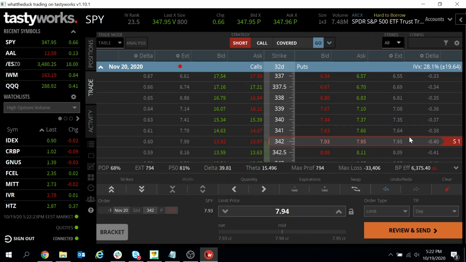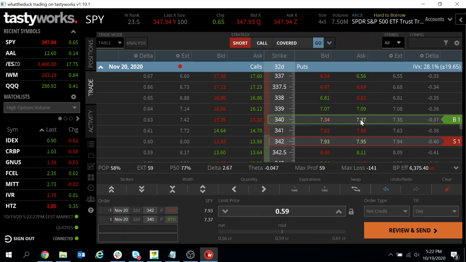This is the column where you can see the delta. We'll just go with this example right here. We'll sell the 342 and buy the 340, and we'll see that from previously, when we had like 6,500 in buying power requirements, we now have 141.